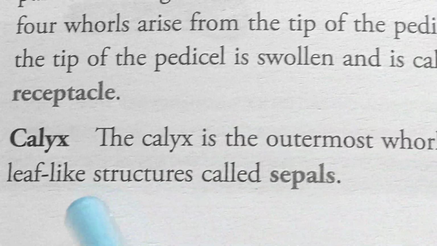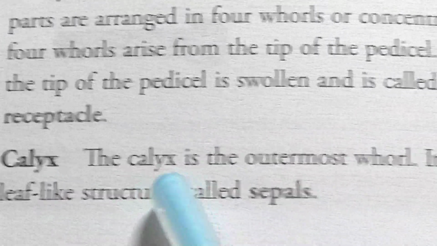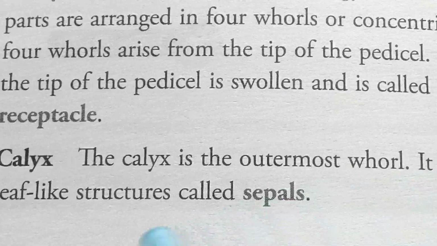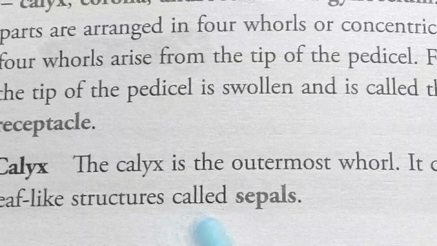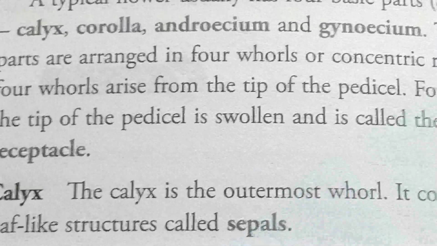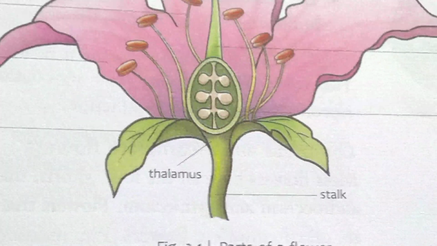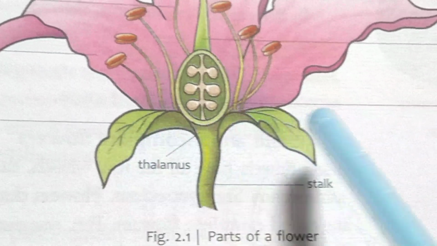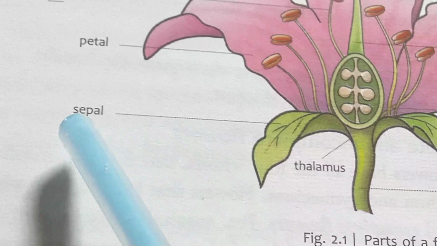Next, calyx. The calyx is the outermost whorl. It consists of green leaf-like structures called sepals. Look at the figure here. The first outermost part of the flower consists of leaf-like structures, also known as sepals.